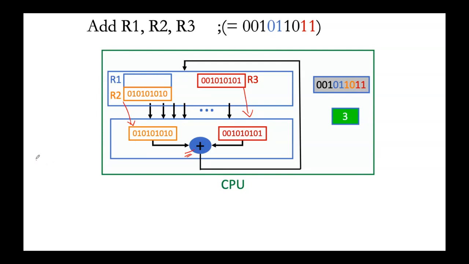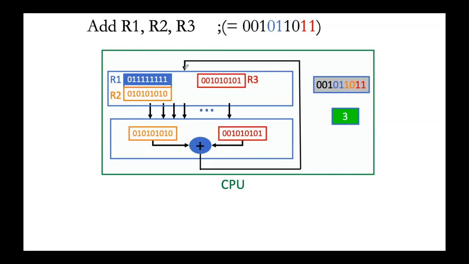Why? Because we are following the method of register to register addressing mode, a register to register instruction. So the operands come from the register to your ALU, the operation will be performed, and the result will go and store in the register itself.